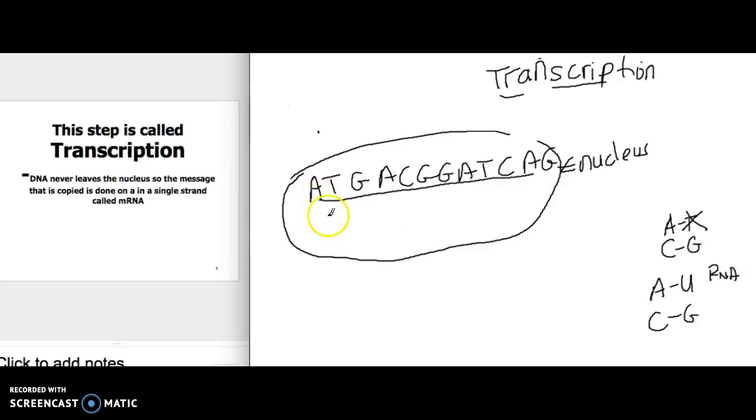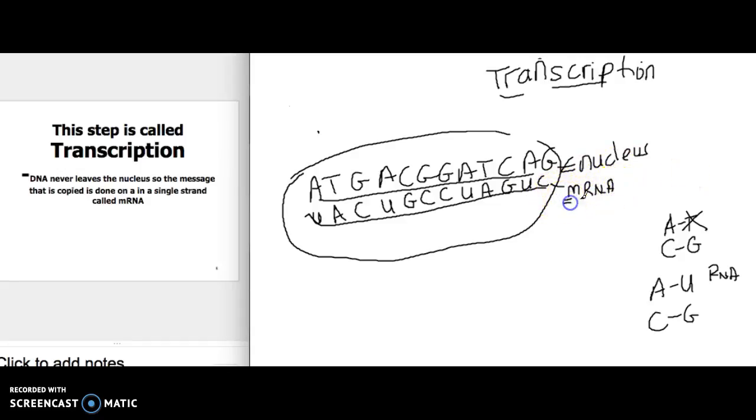So A will pair with U, T will still pair with A, G pairs with C, A pairs with U, C pairs with G, G pairs with C, G pairs with C, A pairs with U, T pairs with A, C pairs with G, A pairs with U, and G pairs with C. This strand that is made is now called an mRNA, which is a messenger RNA.